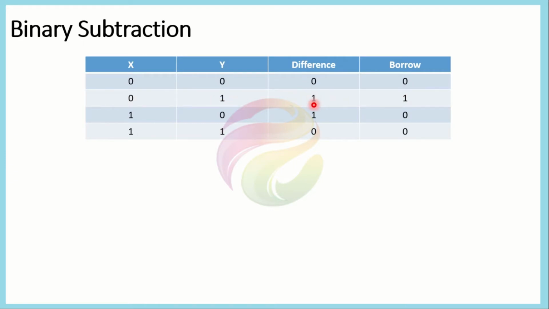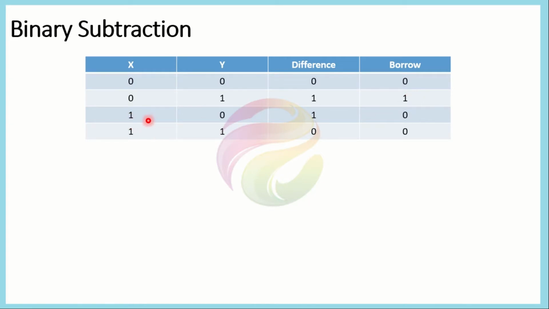Why? Because when we are subtracting 0 minus 1 and we have to borrow 1 from the next column, we will get 1 here. So that 1 will make this value decimal equivalent to 2. So 2 minus 1 will result in a difference of 1, and because we are also taking a borrow, that's why we are representing 1 here.